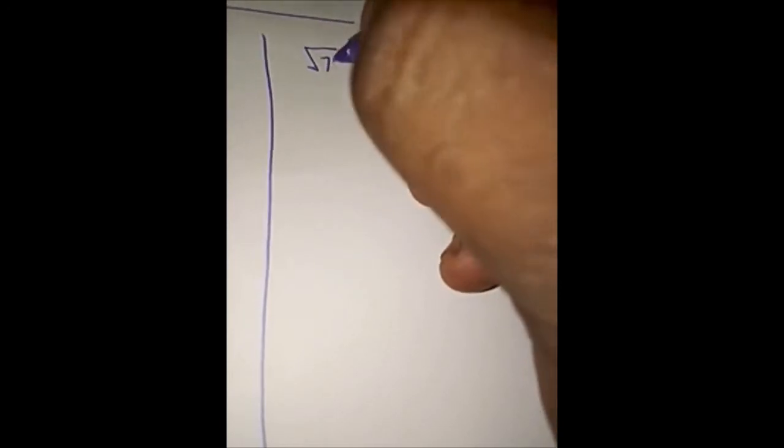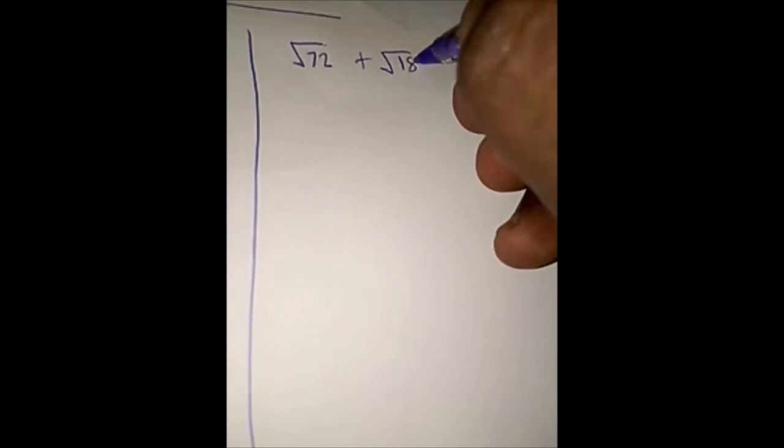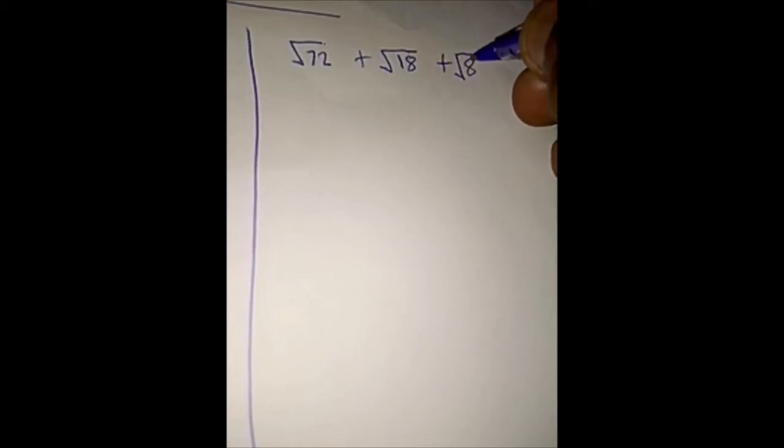Let's say I'm having root 72 plus root of 18 plus, let's say, root of 81. Let me just take that.